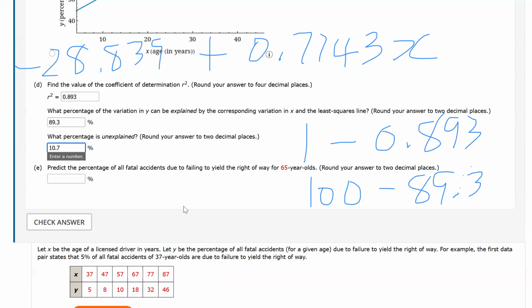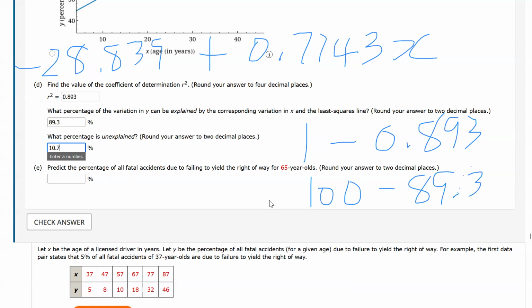Okay. And then here it tells you to predict. You're going to predict with the equation. And our equation is up here, negative 28.839 plus that. So predict with it.